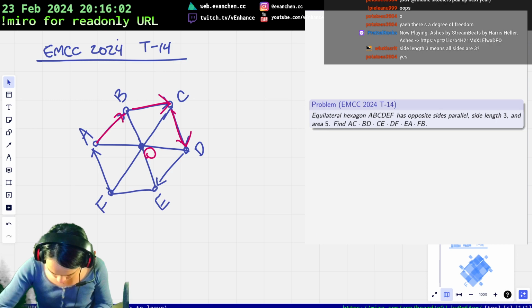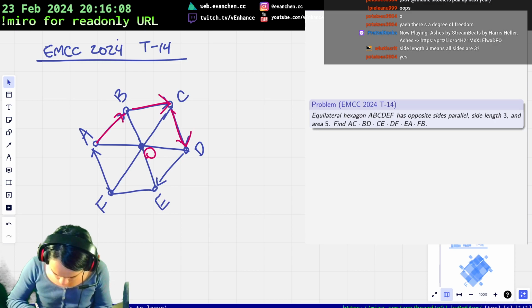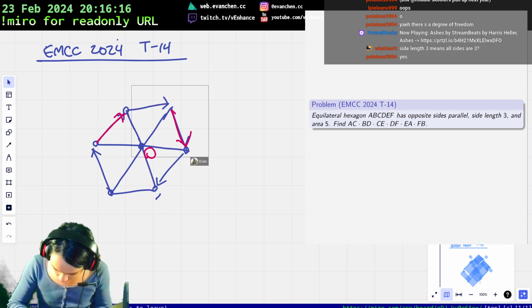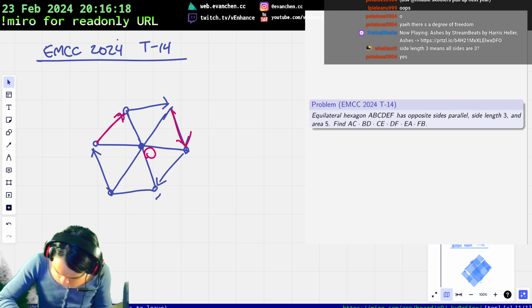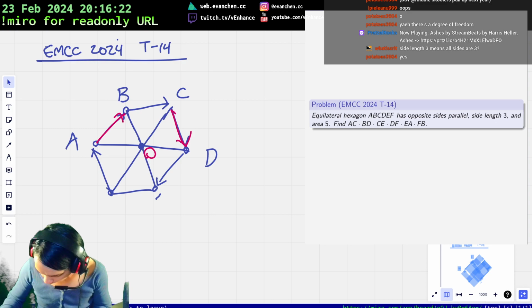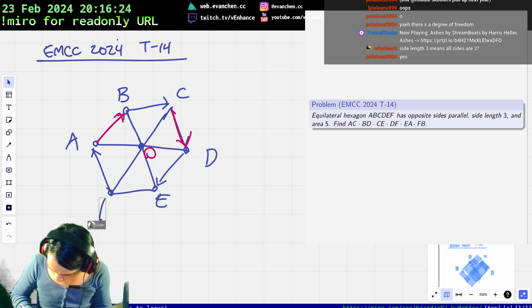So, where'd my pen go? I'm gonna rewrite the labels. I think half this picture doesn't actually matter. I just care about these 3 vectors, and then they do something. Oh yeah, here's EF.